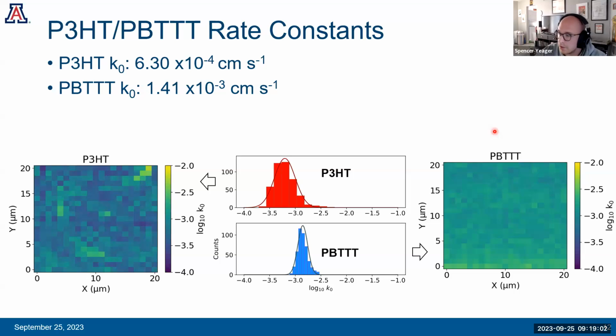And I'm looking at your graphical image, and certainly the PBTTT is much more homogeneous, but one of the things that I think you can see with the P3HT is that there are at least some hotspots, right? Yeah.